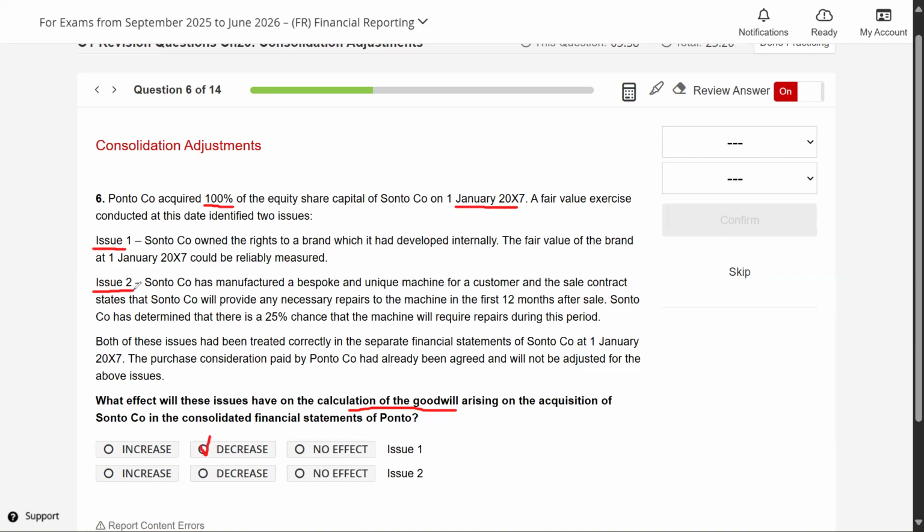So when the liabilities arise, the value of the net assets decreases, and when the value of the net assets decreases, the goodwill would increase as a result. So these two cases are different. Here we're talking about an asset, and here we're talking about a liability, a provision. So that would actually increase the goodwill. I hope it makes sense.